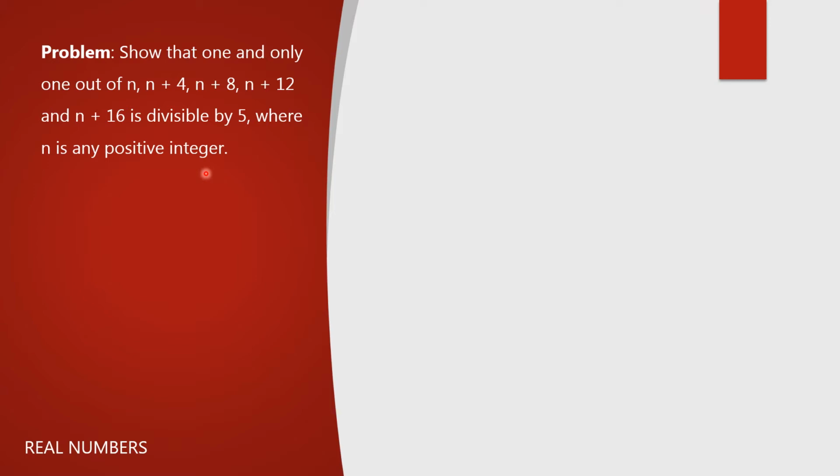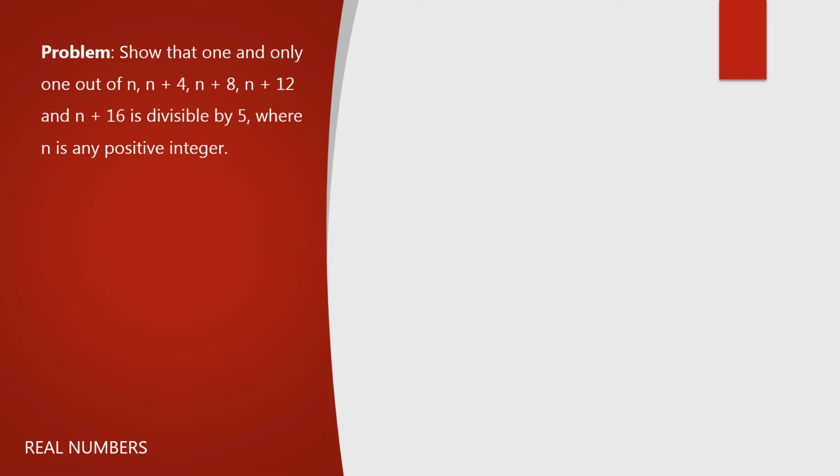Here he has given 5 numbers: n, n plus 4, n plus 8, n plus 12, and n plus 16. Among these 5 numbers, only one number will be divisible by 5, and this is true for all the values of n.